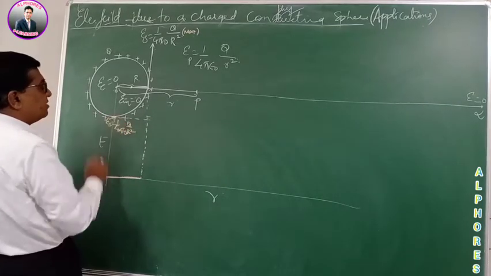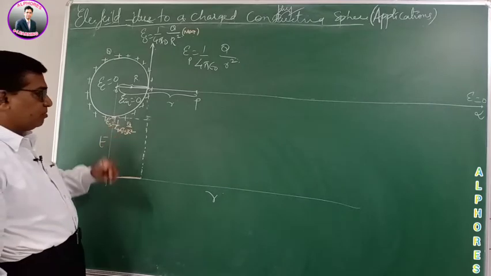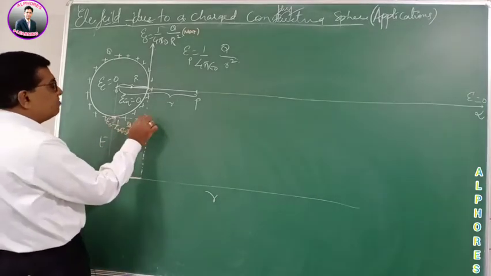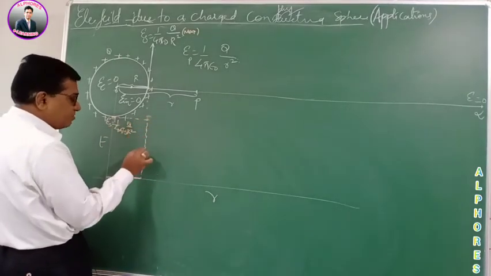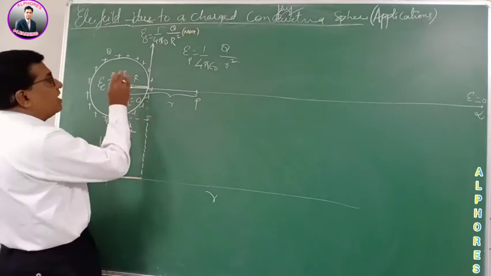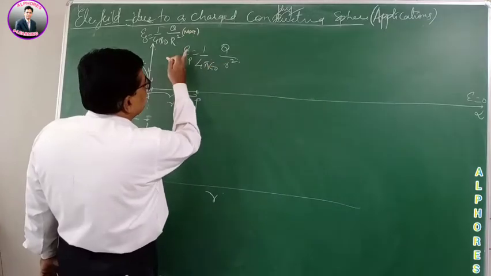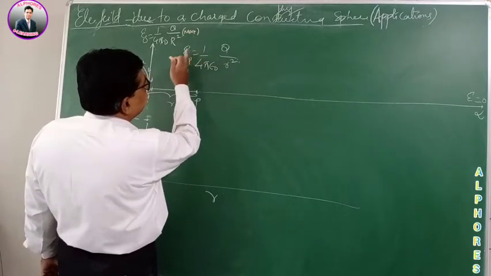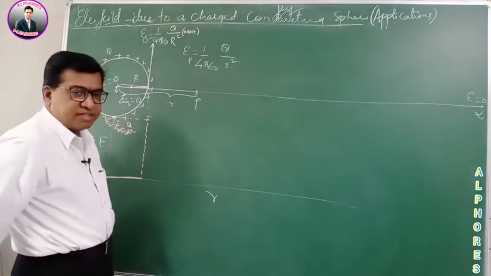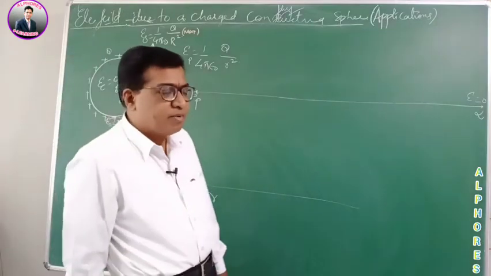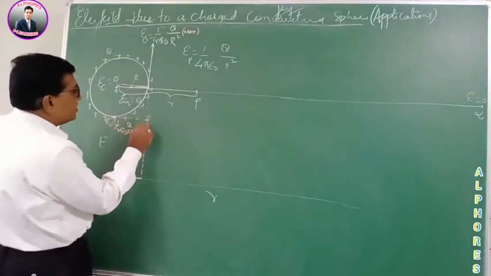It is the maximum value. On the surface it is maximum here. Now from this point, as you move away from the sphere, it becomes an outside point. For the outside point, the electric field varies inversely as the square of the distance. It obeys the inverse square law.